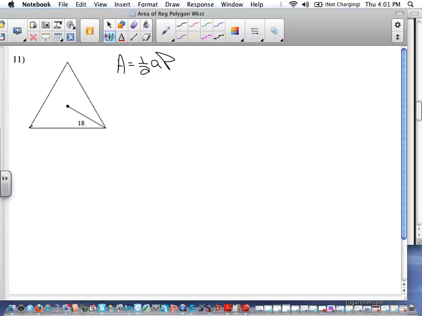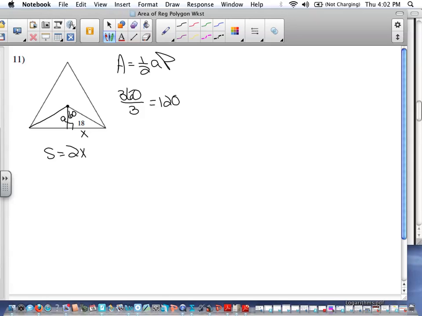So I know this central angle measure is 360 divided by the number of sides, which is 120. I will bisect that central angle with the apothem, which will be perpendicular to the side, and I divide that central angle, which is 60. I'm going to be looking for A, the apothem. X is half the side, so S is equal to 2X.